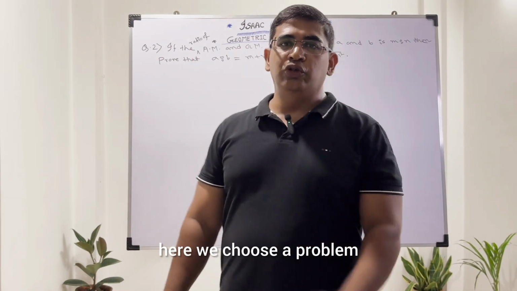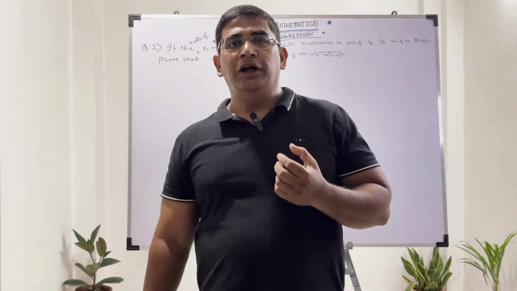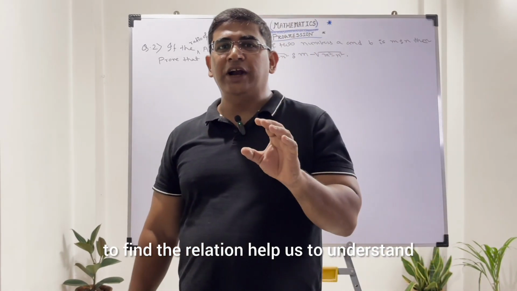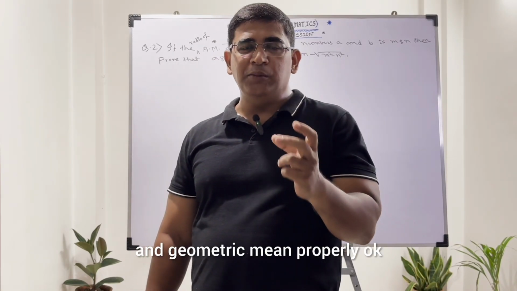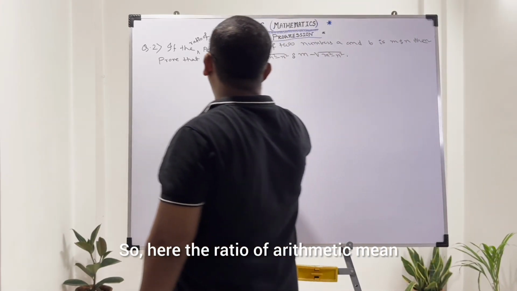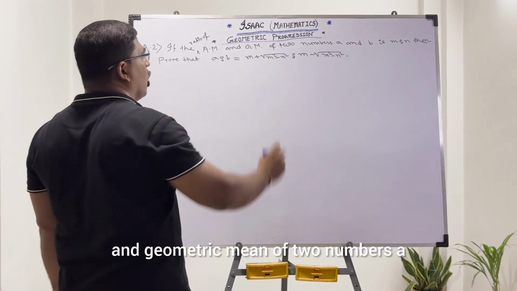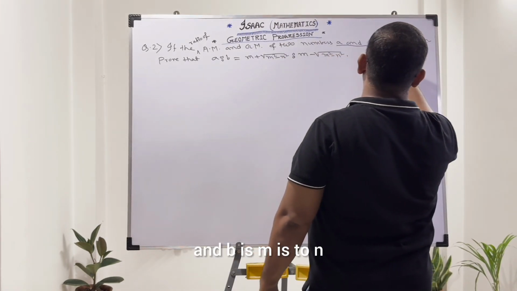Here we choose a problem. So this problem will help us to understand the relationship between arithmetic mean and geometric mean properly. Okay. So here the ratio of arithmetic mean and geometric mean of two numbers A and B is m is to n.